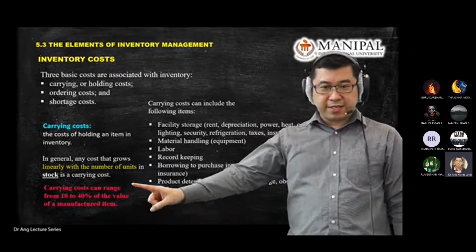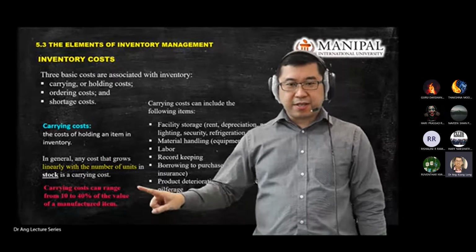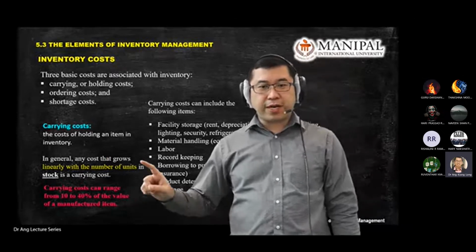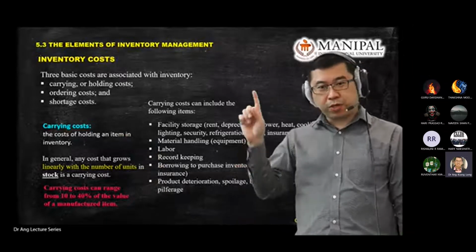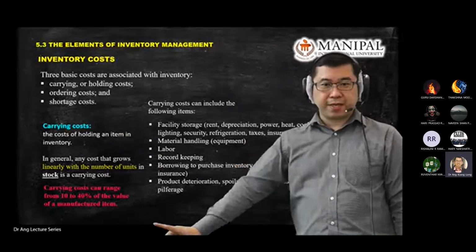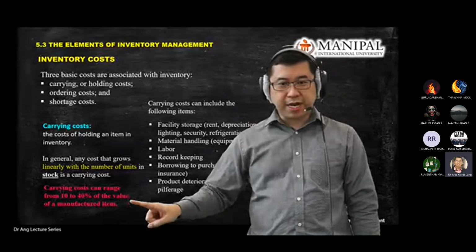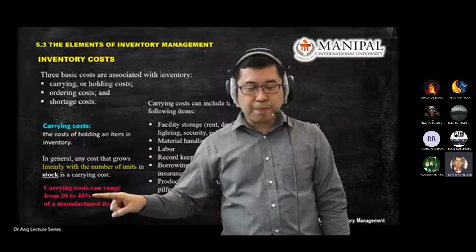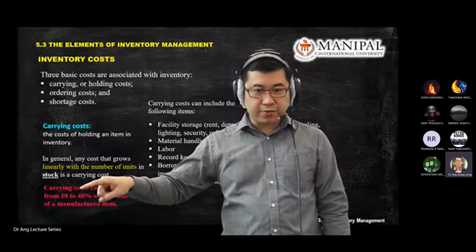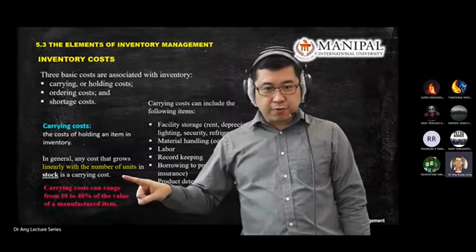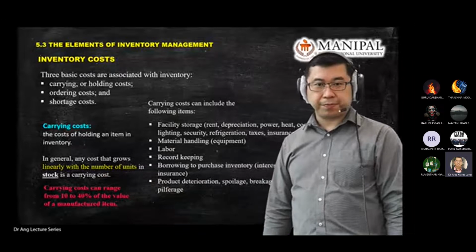Okay, this is just an overview of what the carrying cost can contribute to the total cost. This is just a guideline. There are no specific numbers, but if it's within the range of 10 to 40, it will fall under carrying cost.